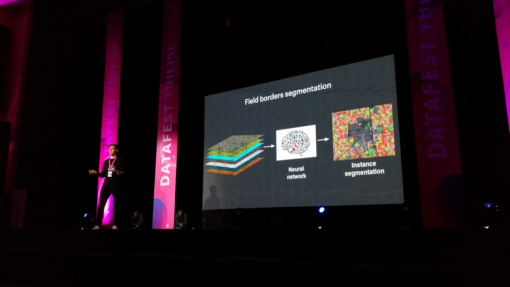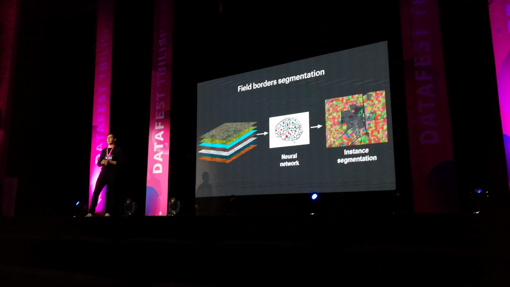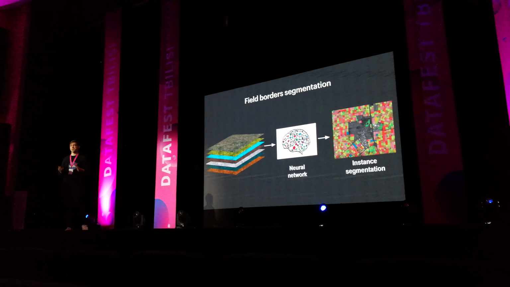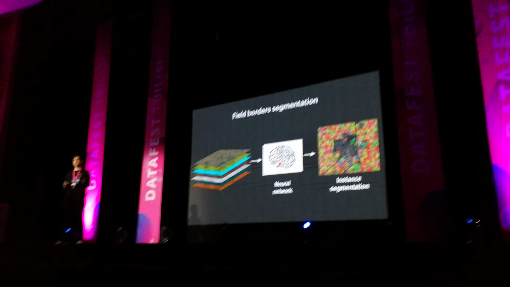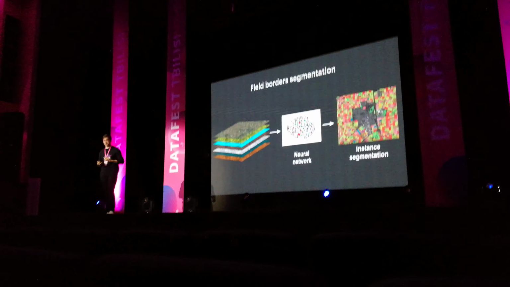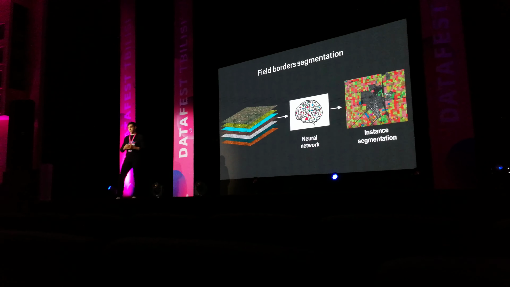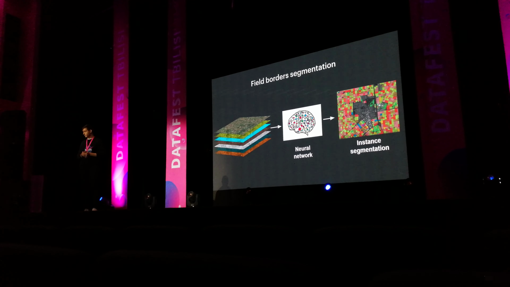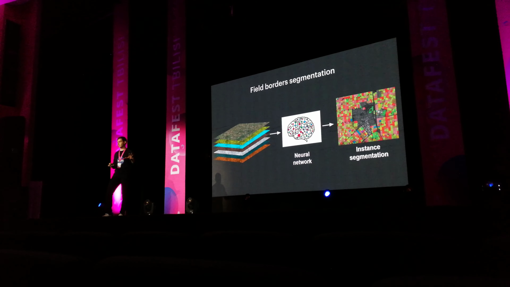In computer vision, it's commonly known as the instance segmentation task, and it's a little bit harder than the semantic segmentation task, where you want to get a binary mask where each pixel represents whether it is a field or not. Here you want to tell what field it is, if it is one. The particular kind of model doesn't matter here. Keep in mind that it's some deep neural network.